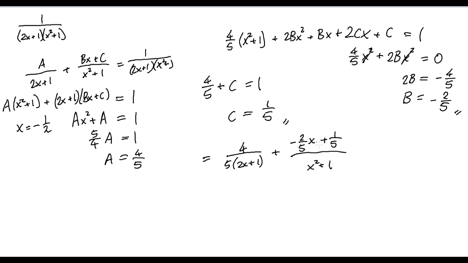And this expression can be simplified so that 5 is on the denominator instead of on the numerator, so that would be 1 minus 2x over 5 times x squared plus 1.